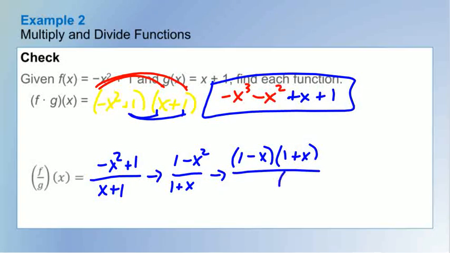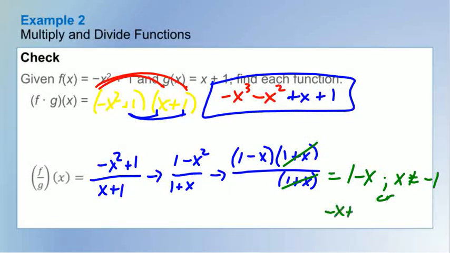And the denominator, I have 1 plus x. The 1 plus x divides out, and I'm left with 1 minus x. And then x cannot equal, now look in the denominator, x cannot equal a negative 1. If x was a negative 1, it would make it 0, and I can't divide by 0. Or you could just flip these around and have negative x plus 1, and you would still have x cannot equal a negative 1. Either way, that would be your solution.